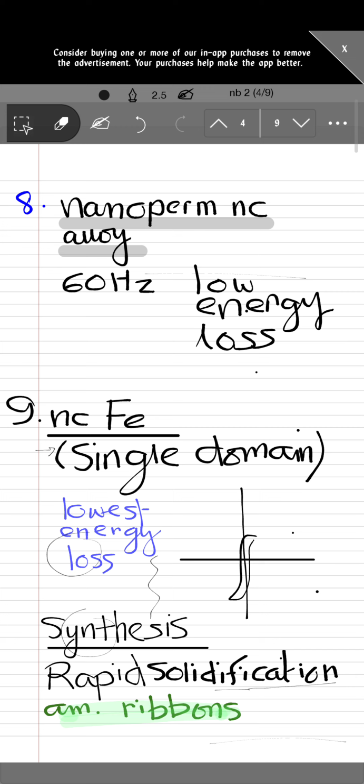The advantage of these structures is that they are used in low energy loss devices, as they themselves cause very low energy loss. And synthesis of these can be done by rapid solidification techniques, where amorphous ribbons are formed.